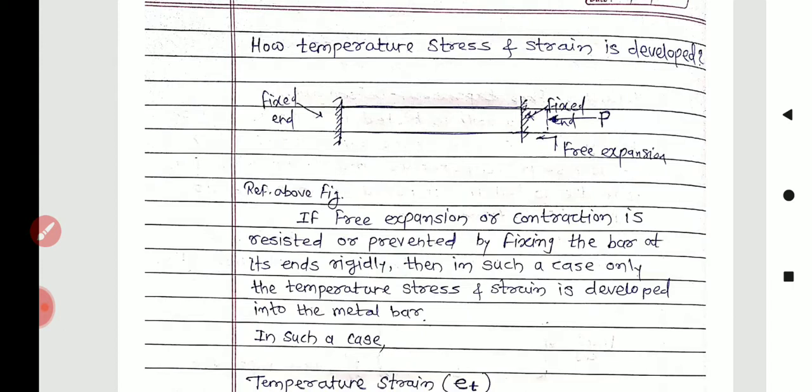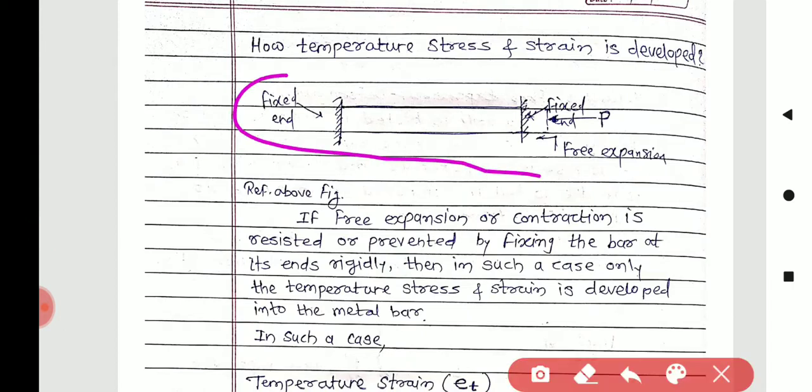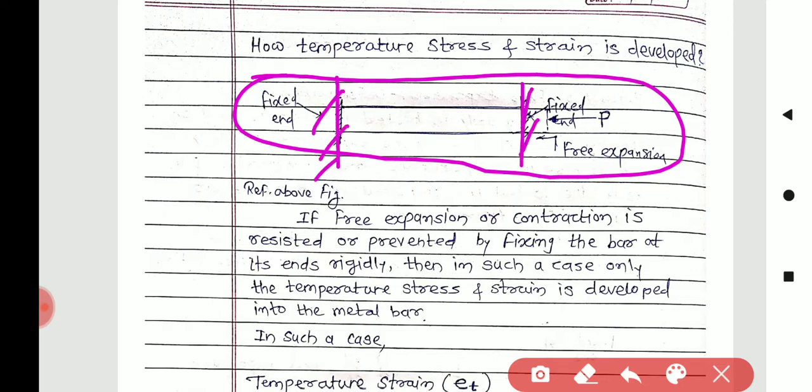Now there is one condition. Look at this figure. When a particular metal bar is fixed at both ends rigidly, and if that bar is heated, in that case the length would increase.